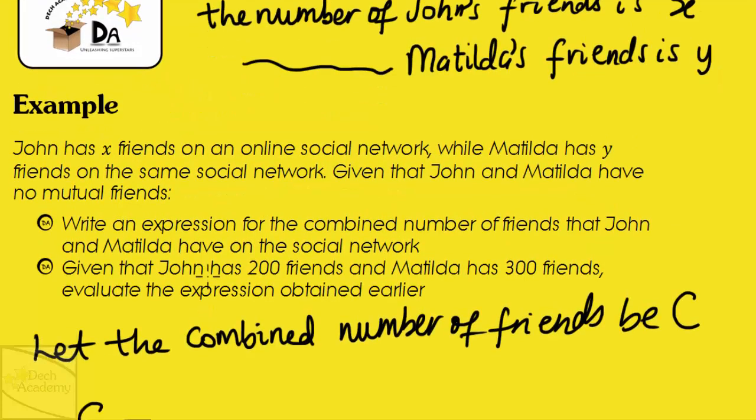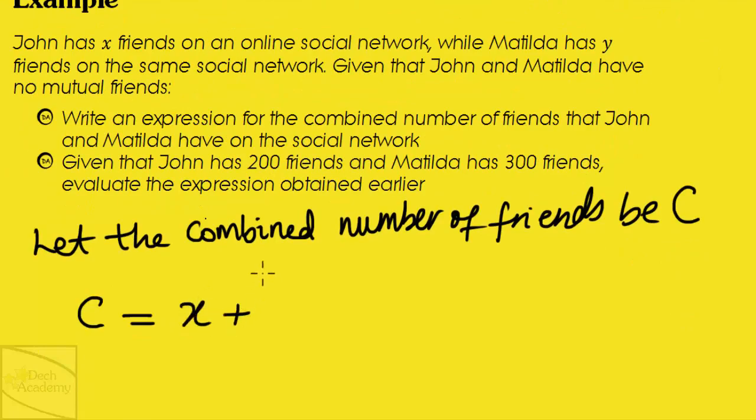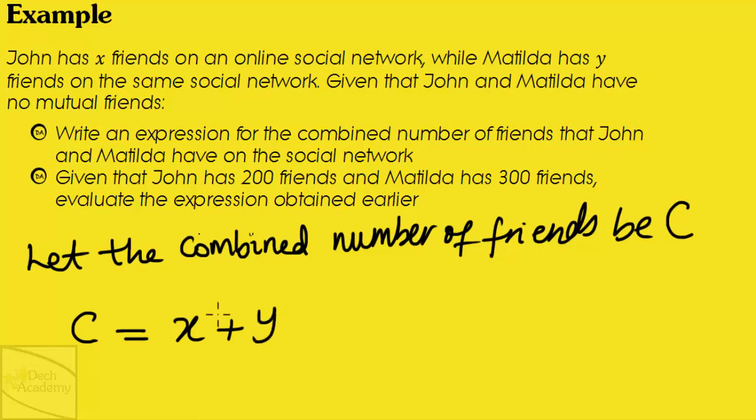The number of John's friends is X, the number of Matilda's friends is Y. So C, which is the combined number of friends, is X plus Y. This is an expression for the total number of friends that John and Matilda have on the social network, where C is the combined number of friends, X is the number of John's friends, and Y is the number of Matilda's friends.